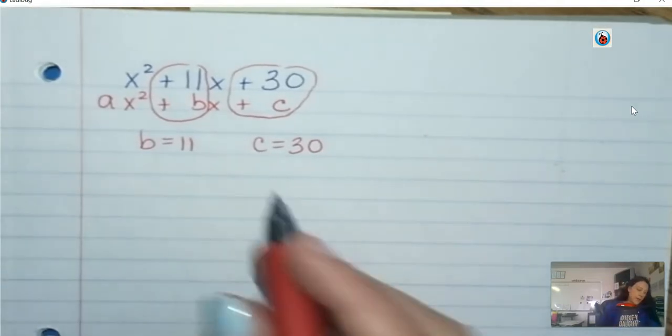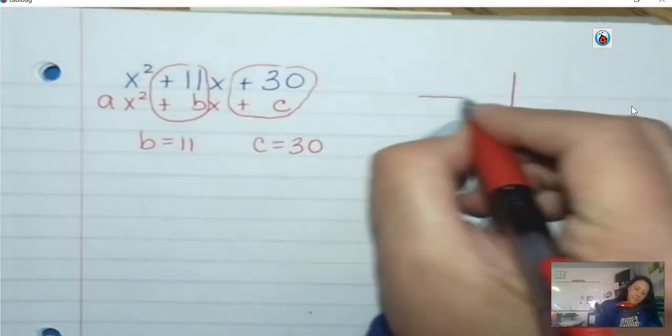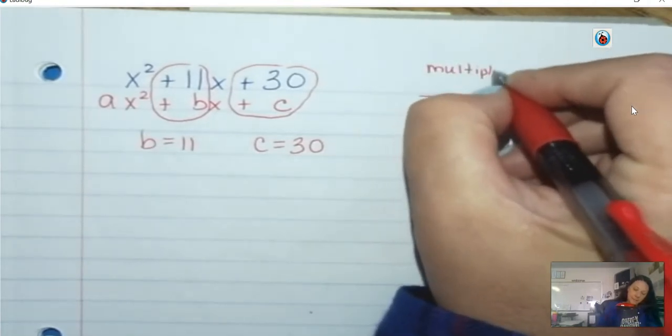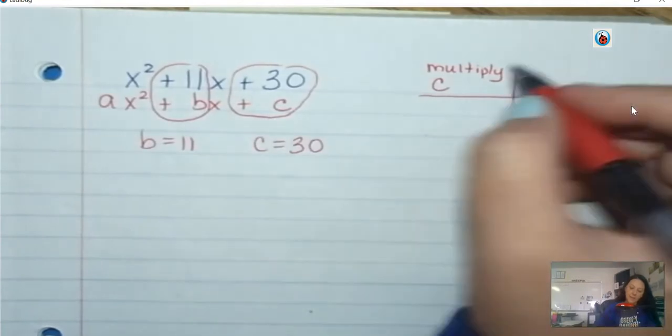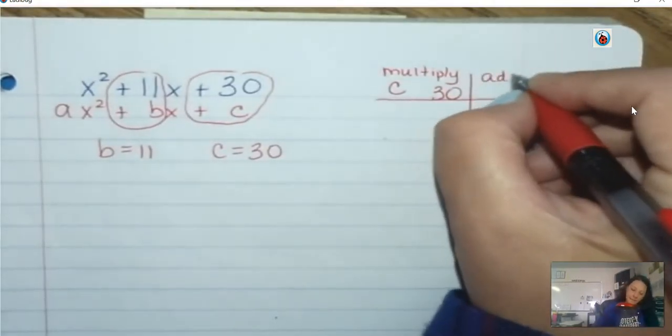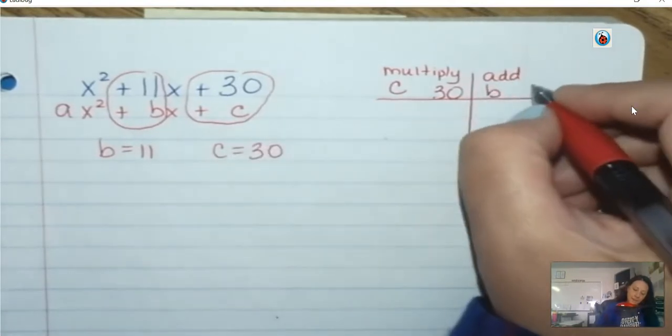So I want to find two numbers that multiply together to be your c, which is 30, but add to be the b value, which is 11.